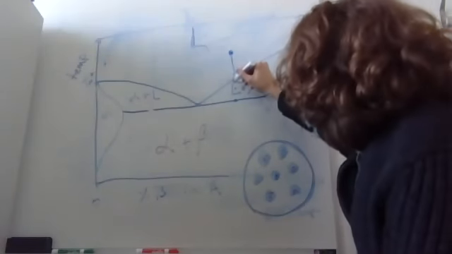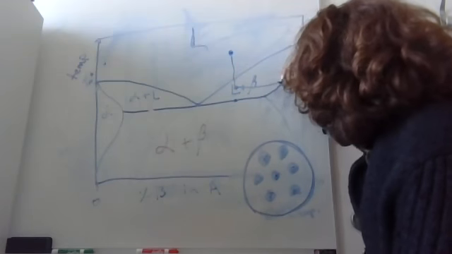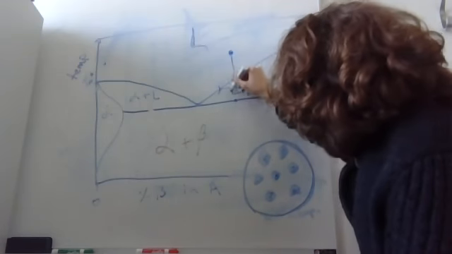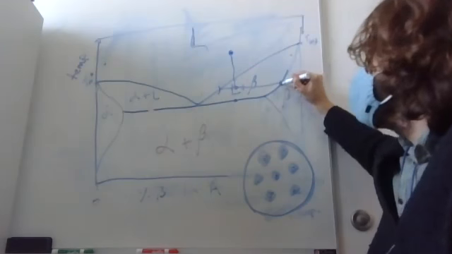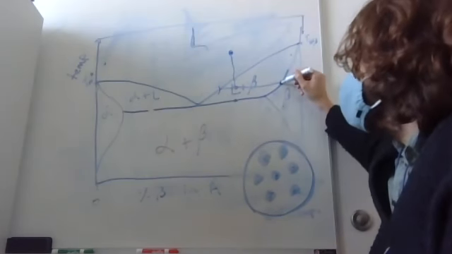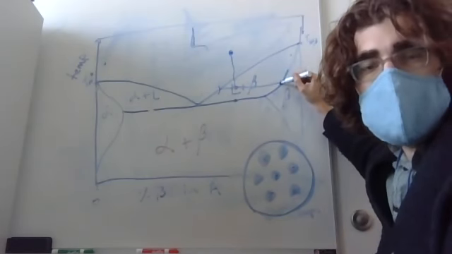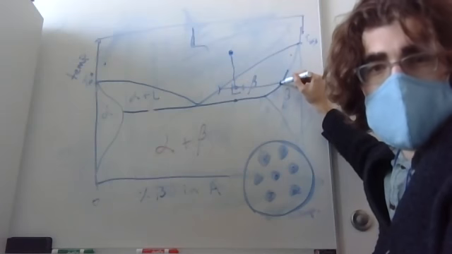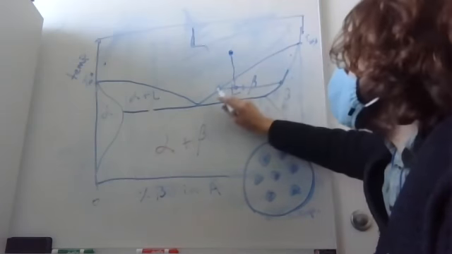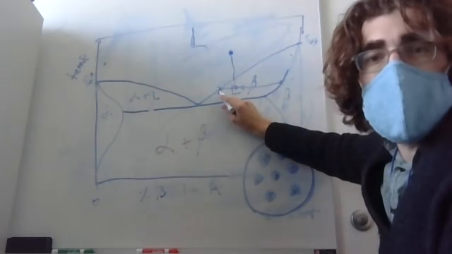And if we remember from the lever rule, if we look at the lever rule here, we can see that the beta phase that we're forming is different in chemical composition than the liquid phase that we have.